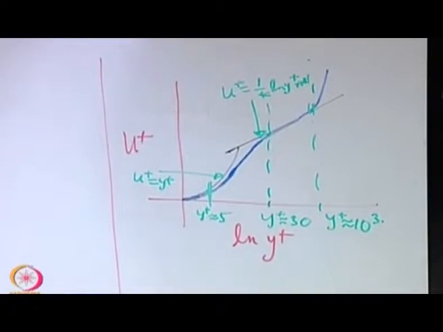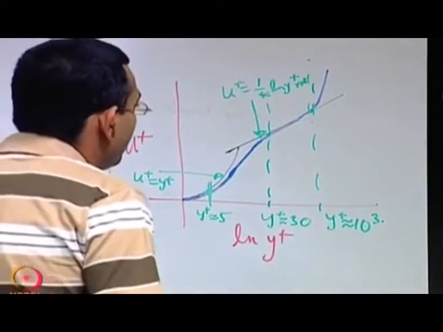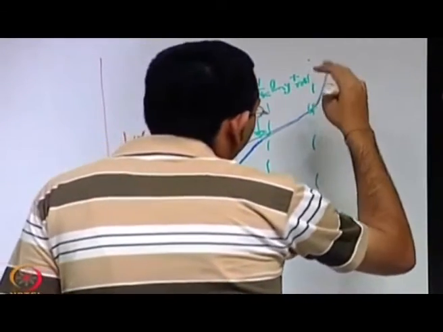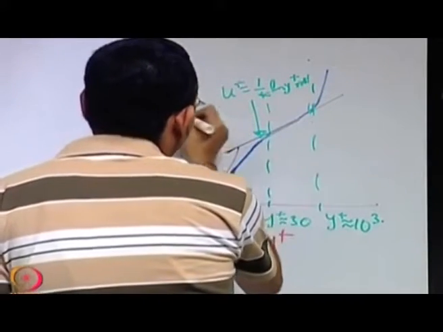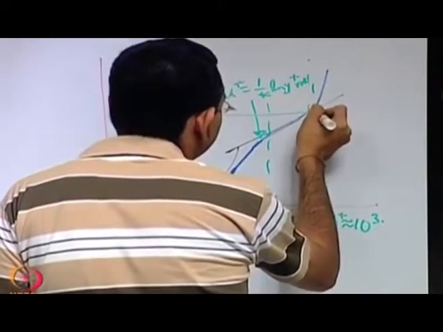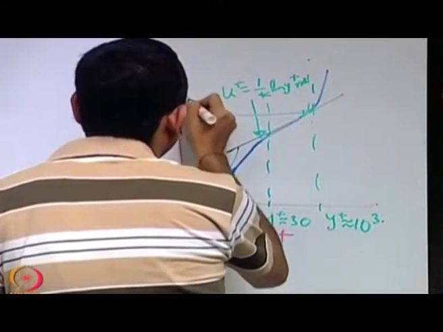So you see that there are different zones and different zones are given different names. So you have the name of this region as the inner region.